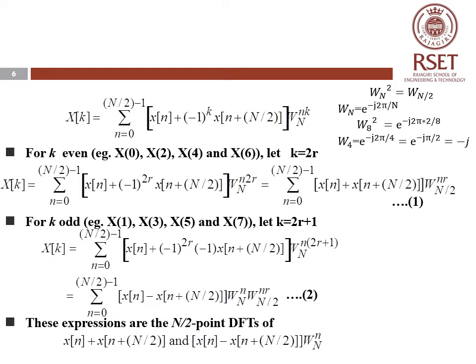For odd values of k, from equation 2 you have one more term, that is W_N raised to n, when we find X of k. So as seen from equations 1 and 2, the final X of k is the N by 2 point DFT of x of n plus x of n plus N by 2, and of x of n minus x of n plus N by 2 into W_N raised to n.